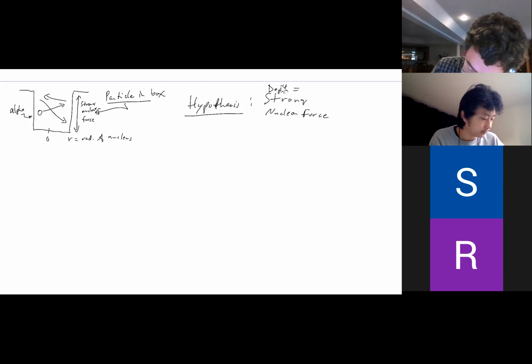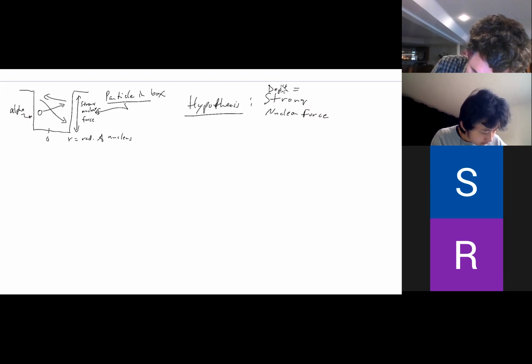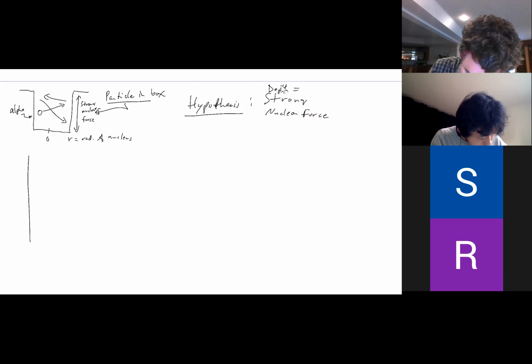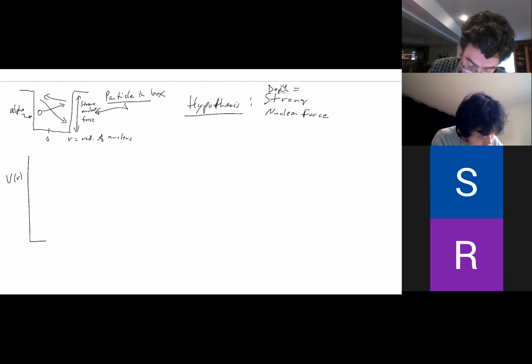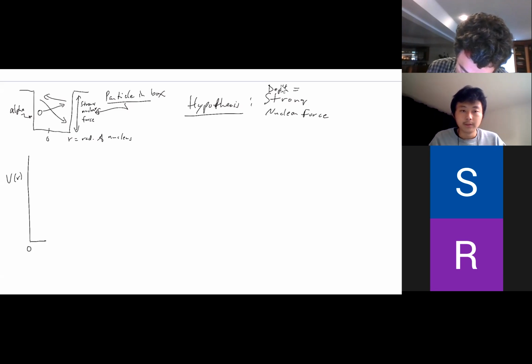So this is the hypothesis of the potential. People hypothesized that a nucleus looks like this. I have the box, and it's spherically symmetric, so let's just do spherical coordinates. So this is the radial coordinate. That's 0, and the idea is that it has some radius r.